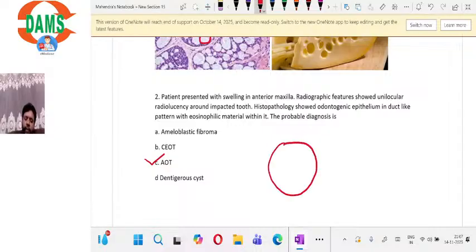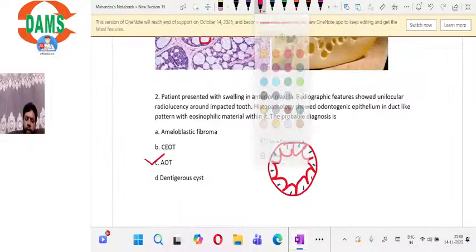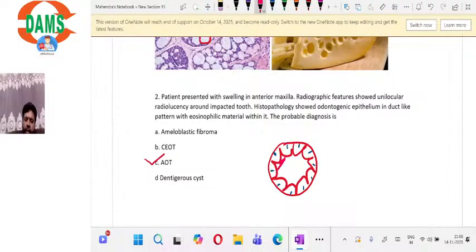Suppose this is a duct. These are the ductal epithelial cells. If I draw a ductal epithelial cell, it will have a polarized nucleus, away from the lumen. Immediately inside it will have eosinophilic material, which is called the hyaline ring.